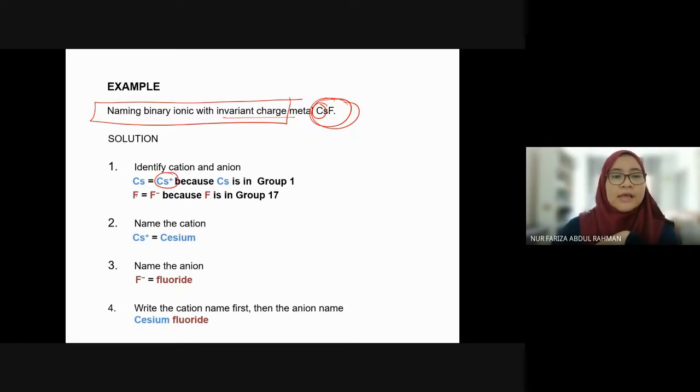As for the anion, fluorine, the chemical formula of the anion is F-. Name the cation first, followed by the anion. So cesium fluoride.